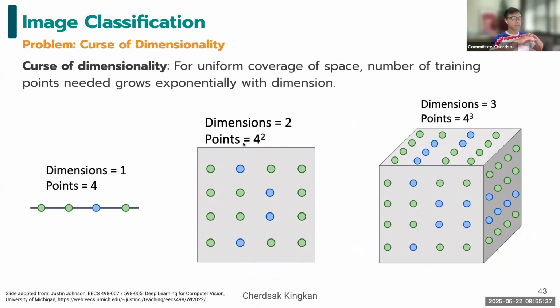So we require 16 samples if our sample has 2 dimensions for the model to fit that true function. If we increase the dimensions of the sample to 3, we probably need 4 to the power 3, or 4 cubed. So that's the many samples that we need so that our model or classifier can approximate that true function, right?